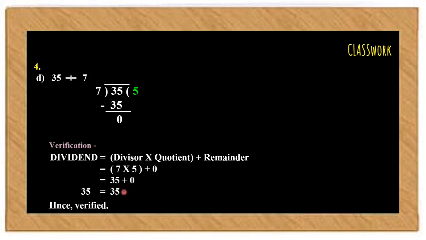When we go back to our original question, we see that 35 is the dividend, which is also the answer obtained after verification. Hence, we can check and be assured that our answer as well as the division method used is correct.